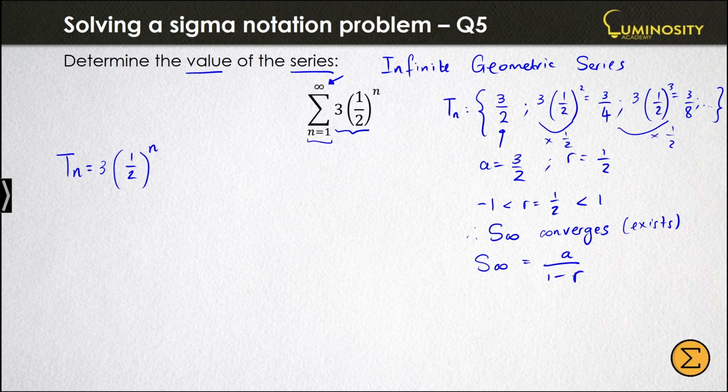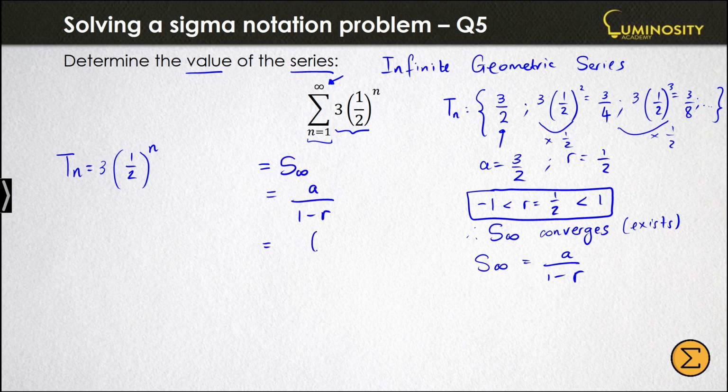That's another very important formula on your formula sheet, and it's only applicable to an infinite geometric series that converges. That property of convergence is given by the constant ratio falling between that given interval. So this is the same as saying the sum to infinity of this general sequence term, which is given by a over 1 minus r.